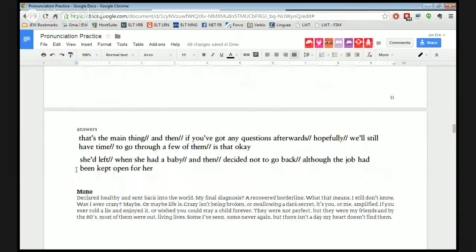She left when she had a baby, and then decided not to go back, although the job had been kept open for her. So I shouldn't have paused after although, because the main thing is that it explains why she didn't go back. So I wouldn't want to pause after although, but you're right. I think I did the first time.